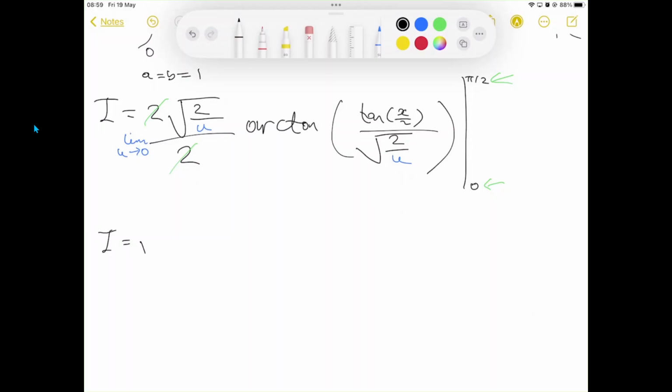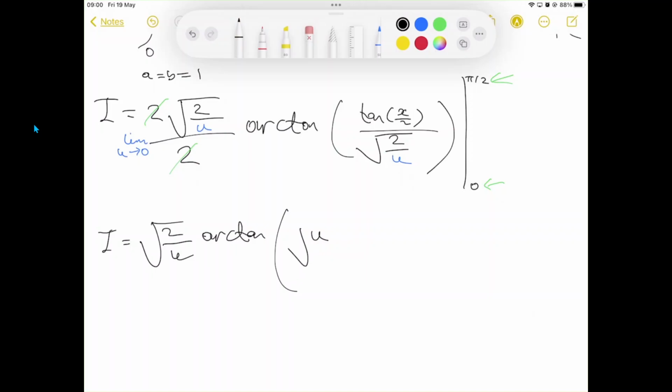So this will just equal root 2 over u, arctangent of, so you see this square root, this is technically equal to 1 over the square root of 2 over u, which can actually be written as the square root of u over 2, because of rules of fractions, where 1 over a fraction is equal to the reciprocal of that fraction, and this applies even if we're talking about square roots.